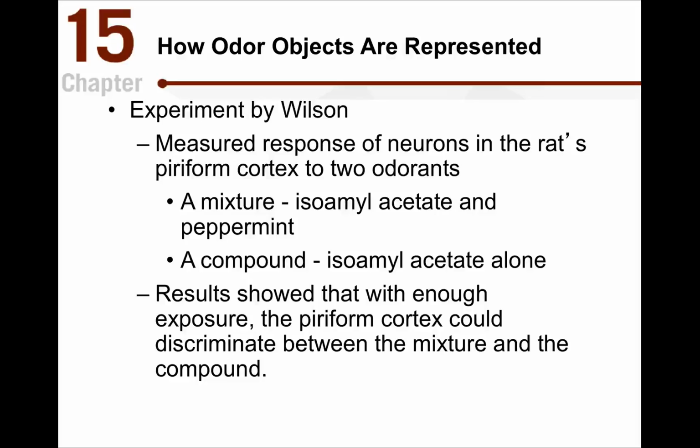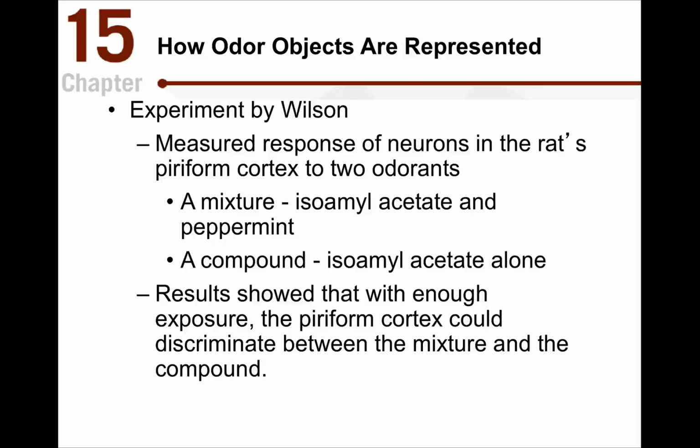What we found was that if you expose the animal to both the mixture and the compound, eventually you could see differences in the firing patterns in the piriform cortex between the isoamyl acetate and the mixture of the acetate and the peppermint.